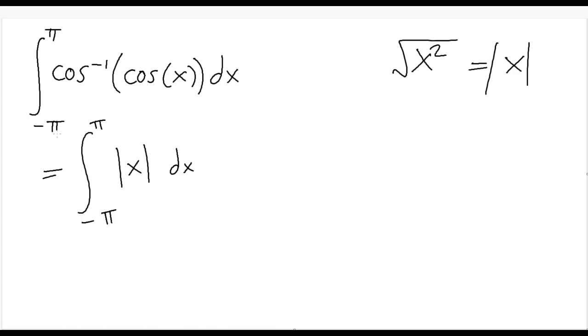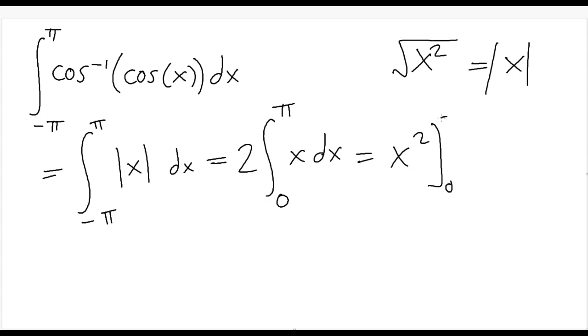So we have the absolute value of x, which is an even function. If we apply the even symmetry, if you remember, we multiply by 2 from 0 to pi, and then it's just 2x dx. This is x squared. So the answer is just pi squared. It is not equal to 0. You have to be very careful with domain restriction.